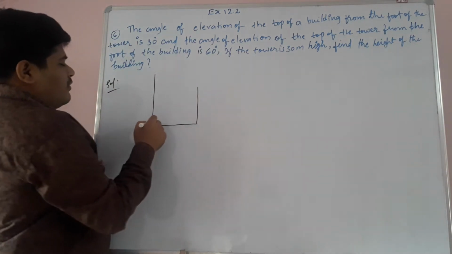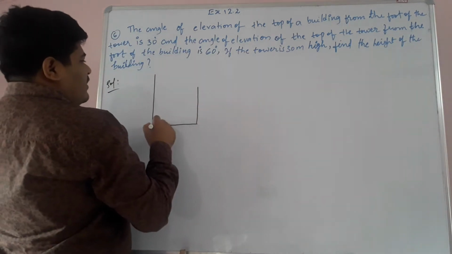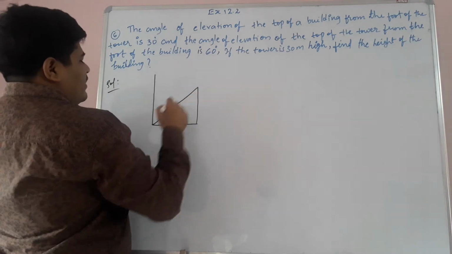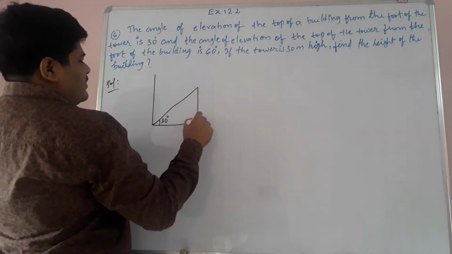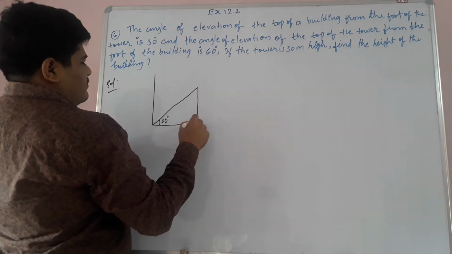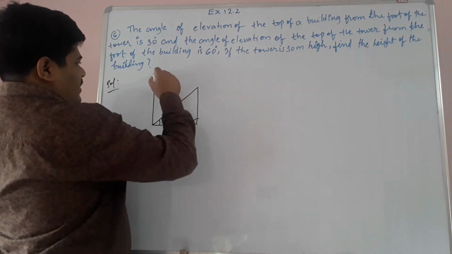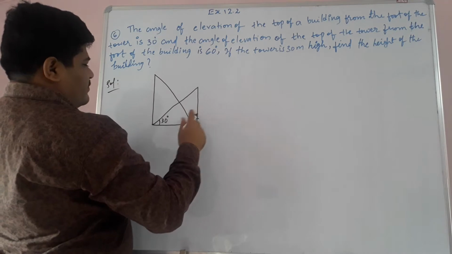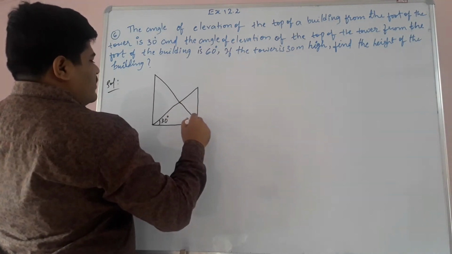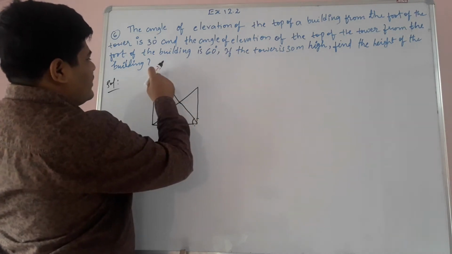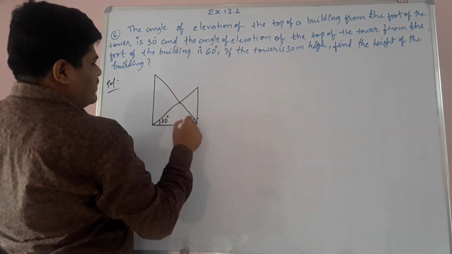Now from the foot of the tower he is observing the top of the building with an angle of elevation of 30 degrees. From the foot of the building, the angle of elevation towards the top of the tower is 60 degrees.